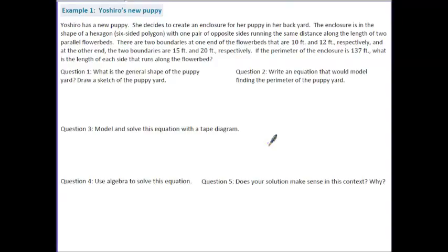Example 1 is a word problem that is going to have us go through a series of questions, and these really should be the questions that you would approach any type of word problem having to do with geometry. Yoshiro has a new puppy. She decides to create an enclosure for her puppy in her backyard.